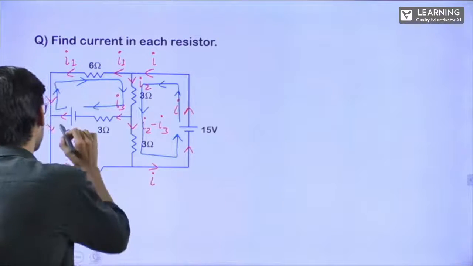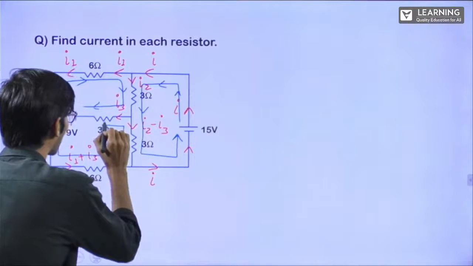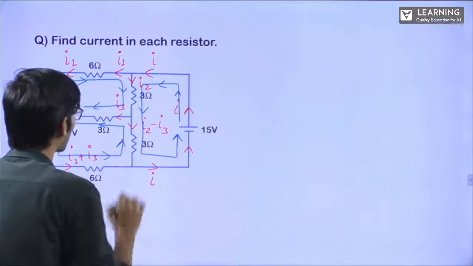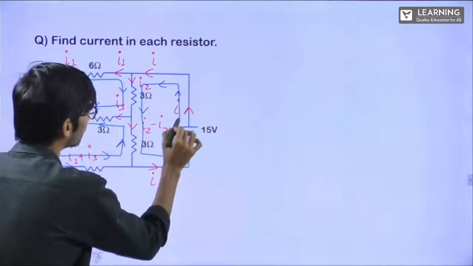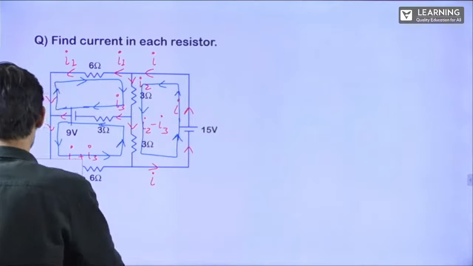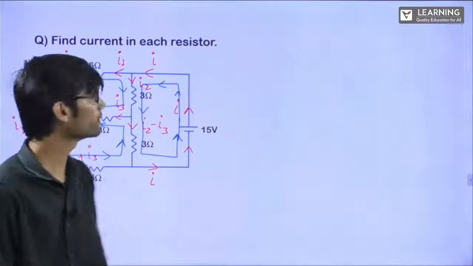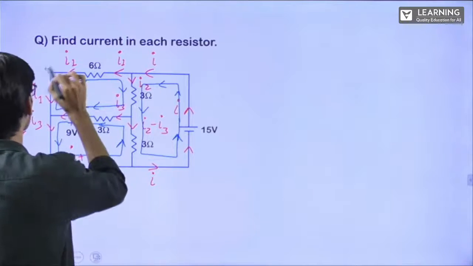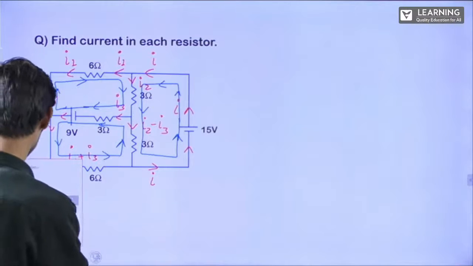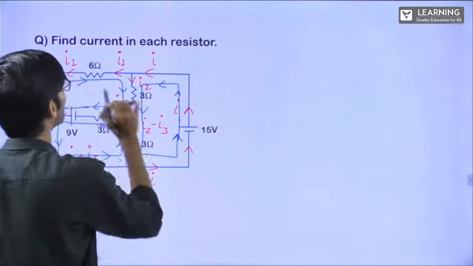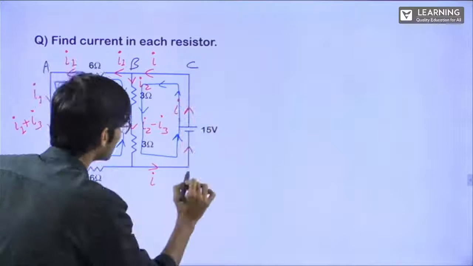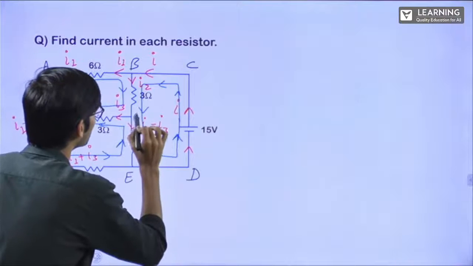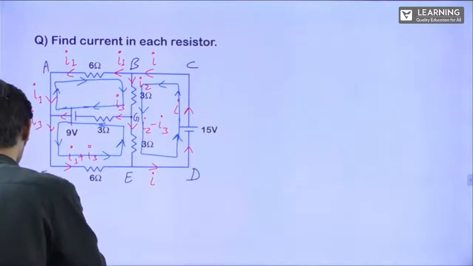Third loop I will be taking this one. Clear? And then we'll be solving it. Fine. Let us name the points also, it will be easy. A, B, C, D, E, F, and G. This is one more junction, right?